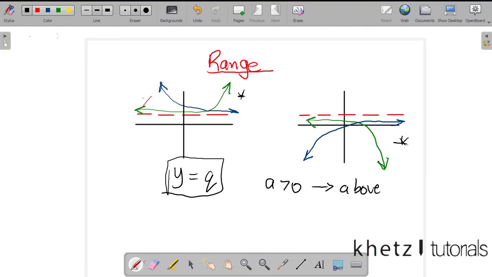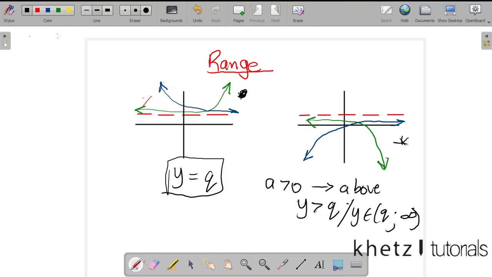For all exponential functions which occur above the asymptote, the range will be y greater than q, whether the graph is increasing or decreasing. This can also be denoted as y is an element of q, with round brackets because we can't include the asymptote, up to positive infinity. So it goes on and on from the asymptote going upwards.